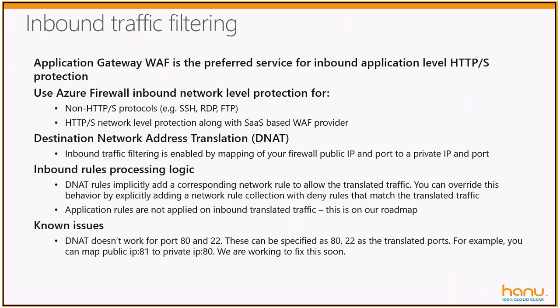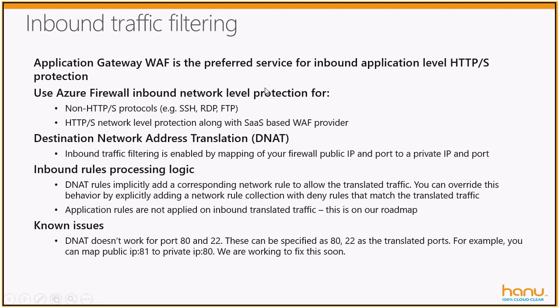Sorry, it's Web Application Firewall. Web Application Firewall is based totally on HTTP and HTTPS level protection. What Azure Firewall does, it doesn't provide you HTTP and HTTPS protection. It provides you non-HTTP and HTTPS protocols like SSH, RDP, and FTP. You can limit all those things, whatever you are doing.